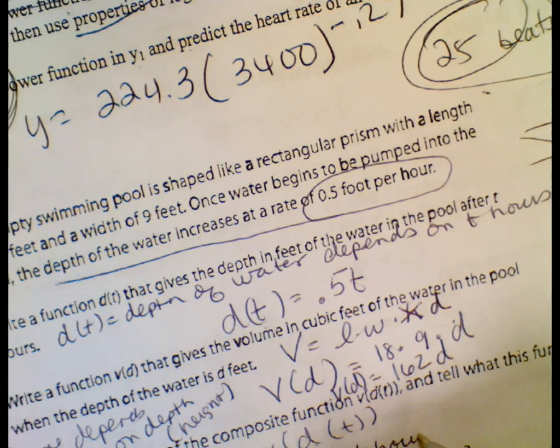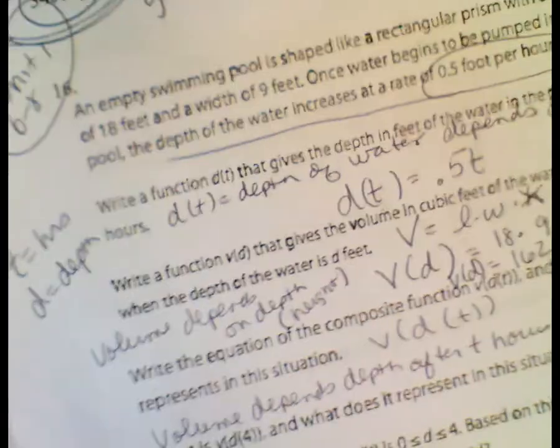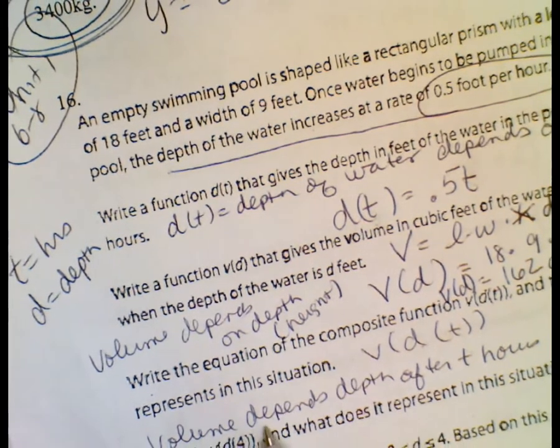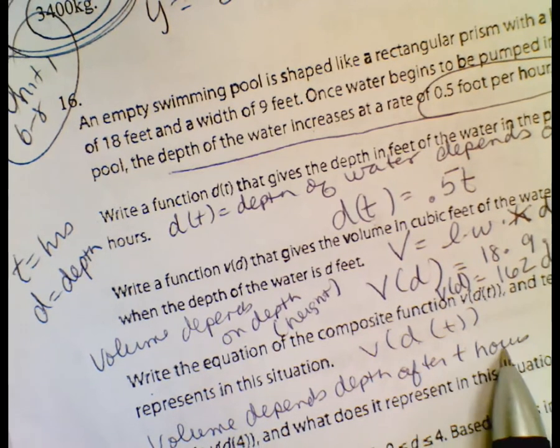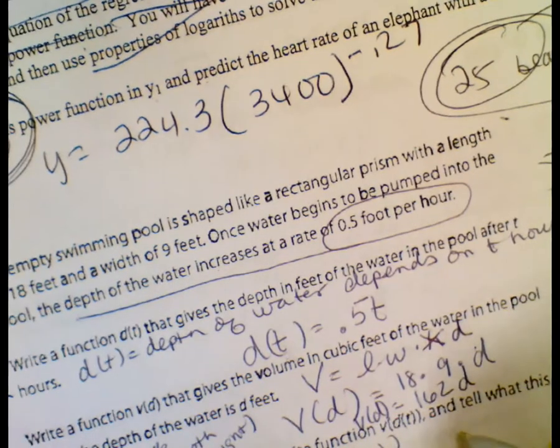That's what the whole V of D of T means. The volume, V, depends on the depth, D, which depends on the number of hours that you're filling your pool. So V of D of T.